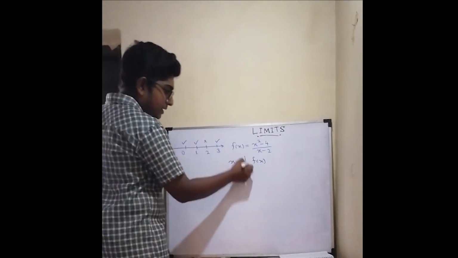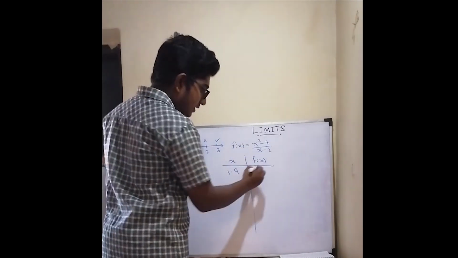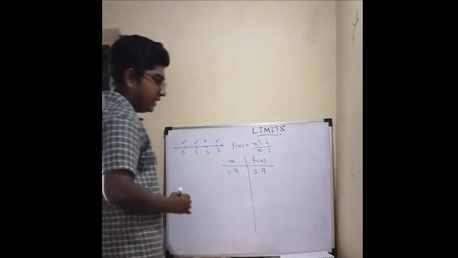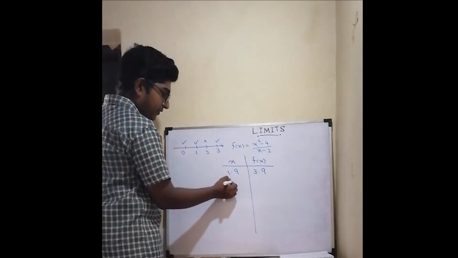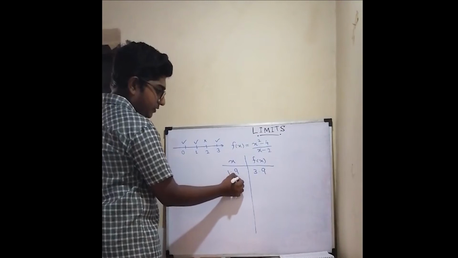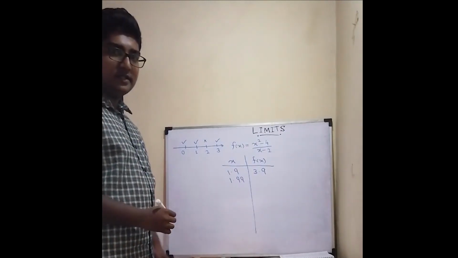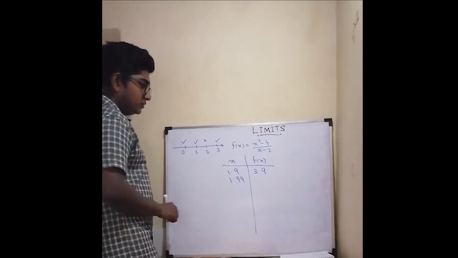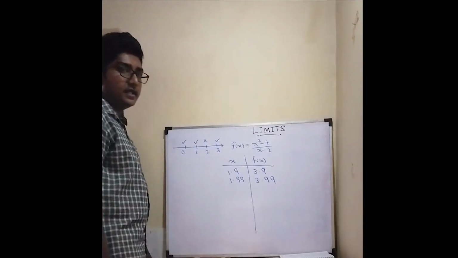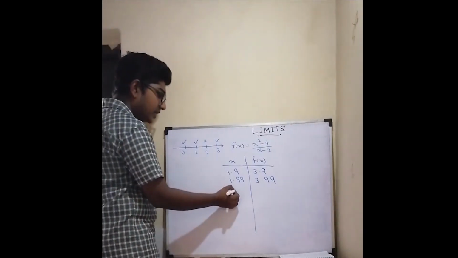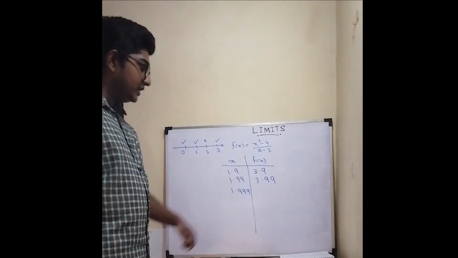So when x equals 1.9, this function becomes 3.9. Okay, then we can argue like this. What if the value becomes 1.99, even closer to 2? Then we have 3.99. We can go further, 3 decimals, 1.999.